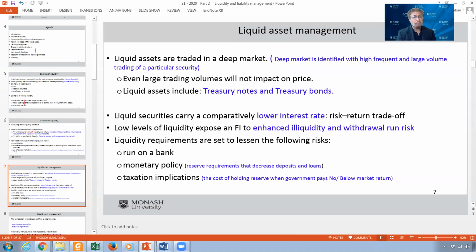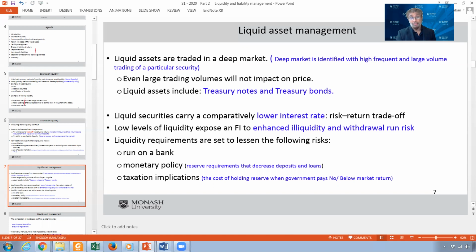You have intraday, you have daily, so you have too much trading. So when you buy securities, it's easy to sell them. But when you have shallow markets, the buying and selling of the securities is not as frequent as in the deep markets. That's what we mean.